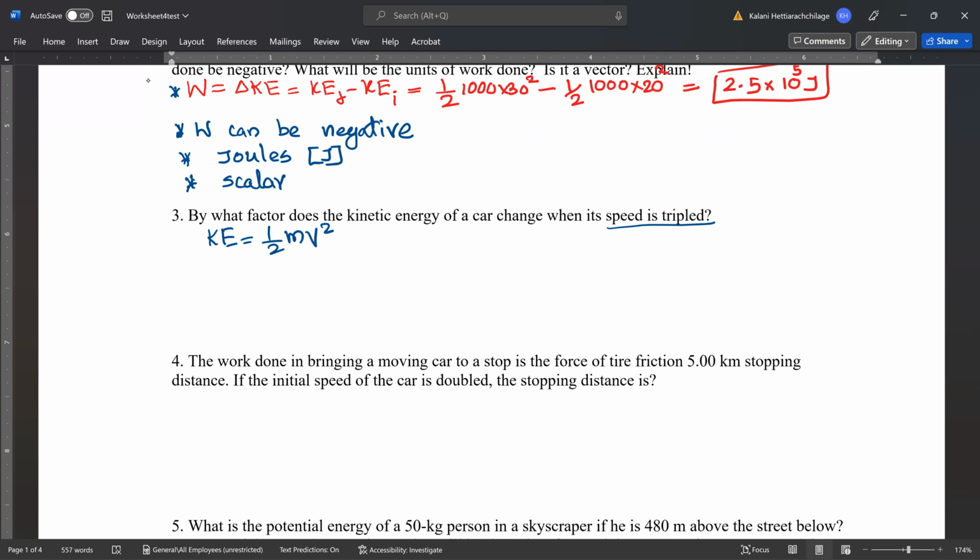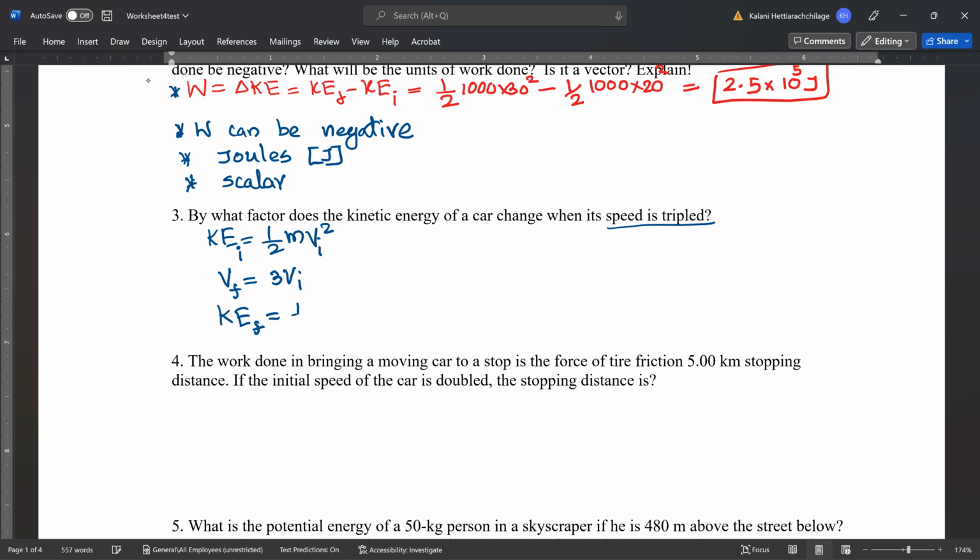So we'll say this is what you have initially, the initial velocity. Now you're going to change your velocity, the final velocity, into 3 times the initial velocity. Now your kinetic energy will be, say, you can say 1 or 2 if you want. I write the final and initial.